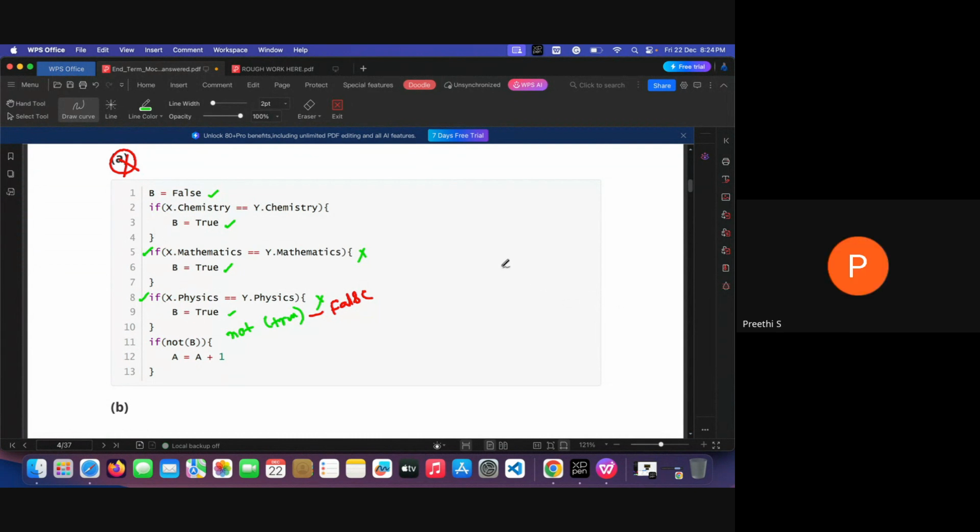So not true returns false. Okay, so not false returns true. Clear? Yes, sir. The if condition always expects true only. Is it right? Okay, sir.